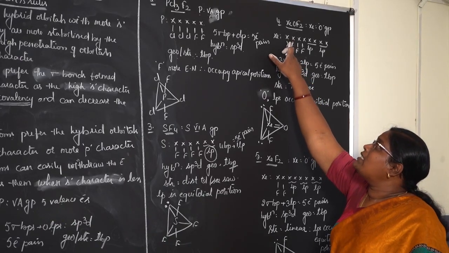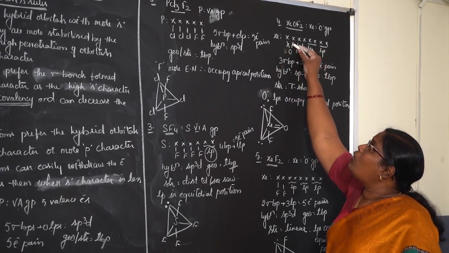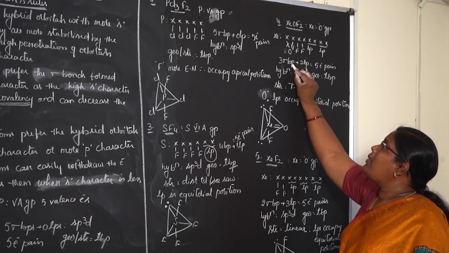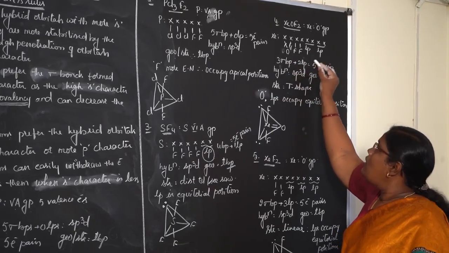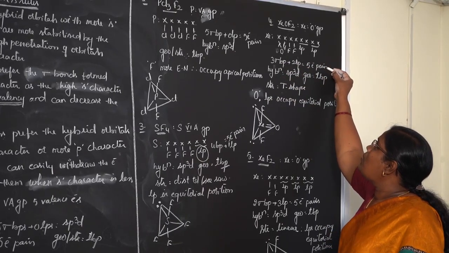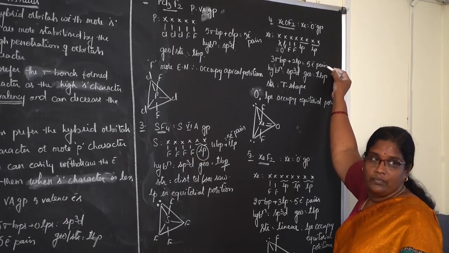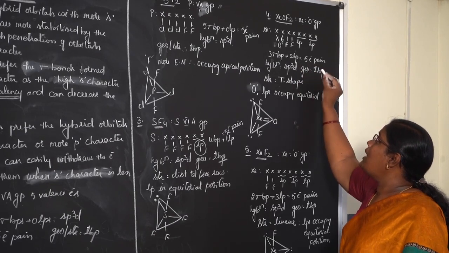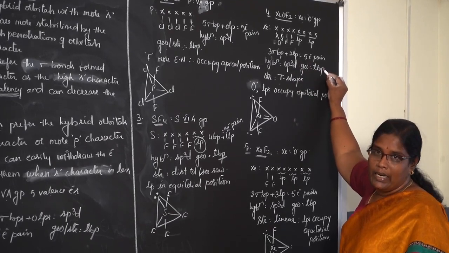So we won't consider this pi bond, we include only the sigma bonds. So 3 sigma bonded pairs plus 2 lone pairs. Total electron pairs in the molecule are 5. So hybridization is sp3d, geometry is trigonal bipyramid.